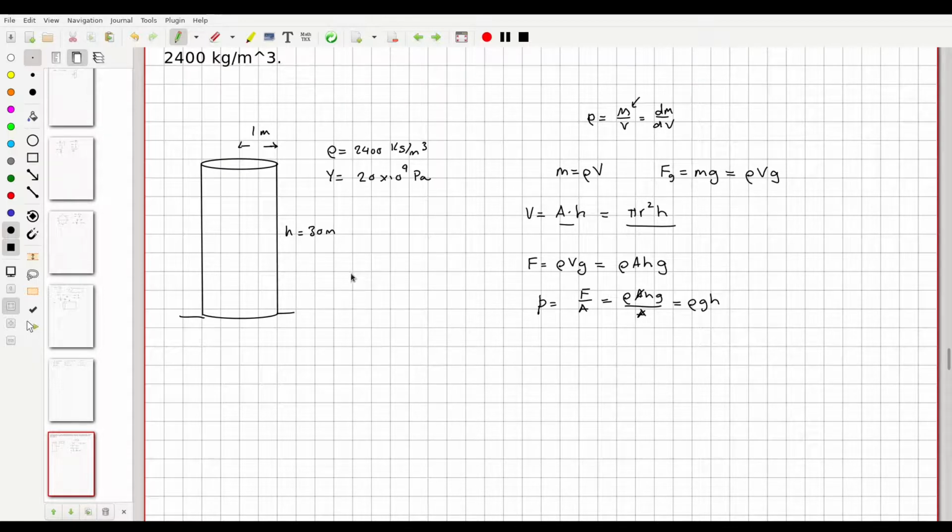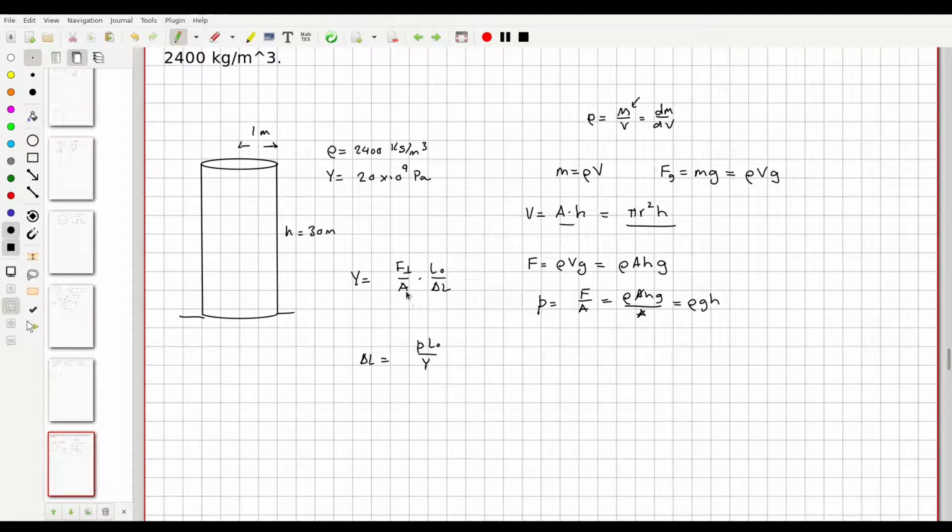So, our Young's modulus, if you remember, is the perpendicular force over the area times the length over the change in length. We want the change in length. Now, F perpendicular over area is pressure. So that's what we have right there.